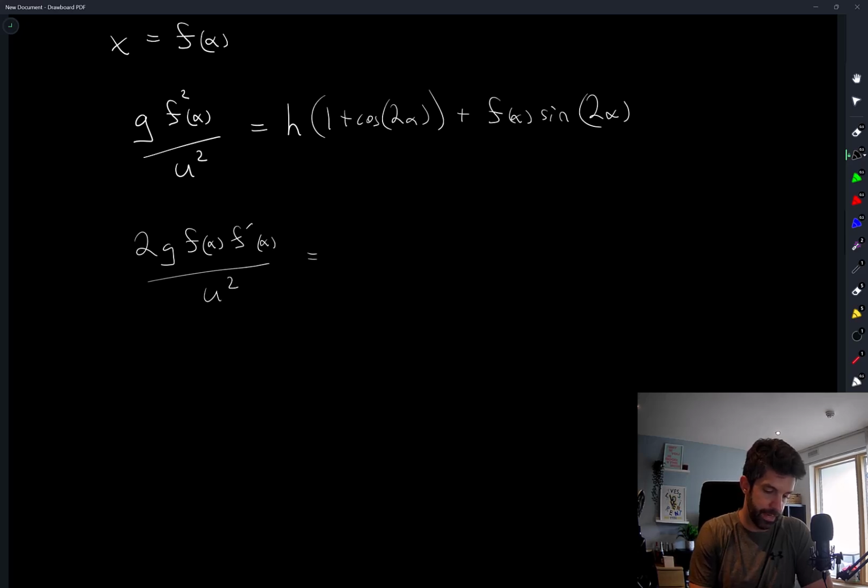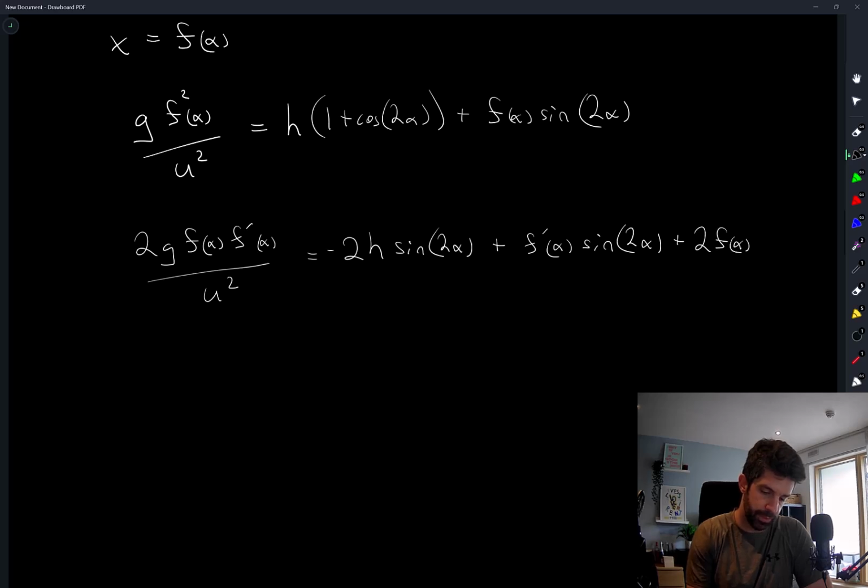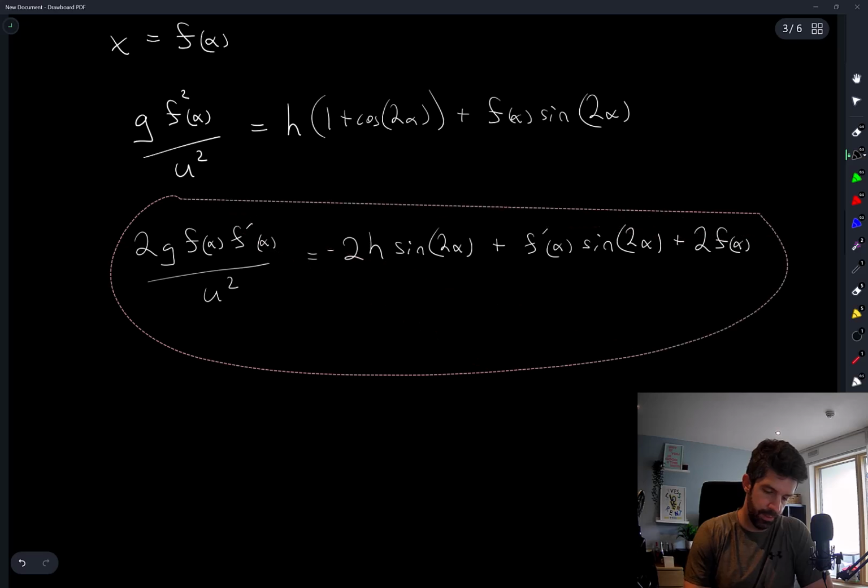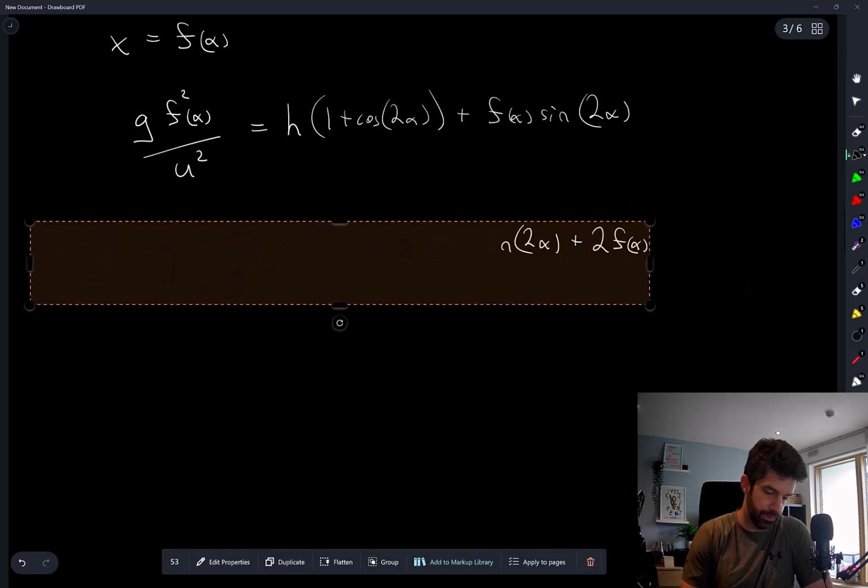On the right, I have negative 2h sine of 2 alpha, plus f prime of alpha sine 2 alpha, plus 2 f of alpha times cosine of 2 alpha.